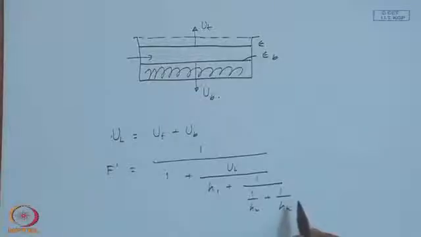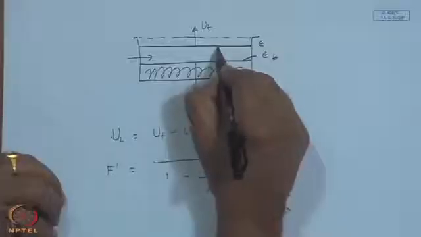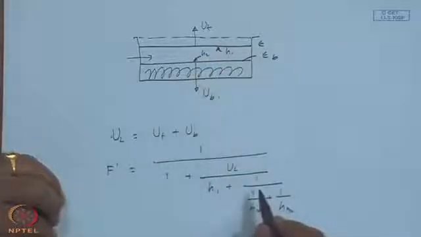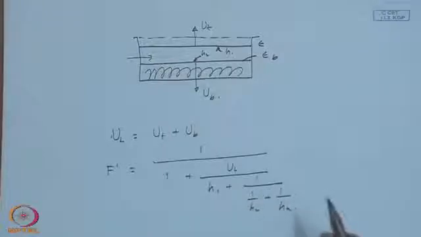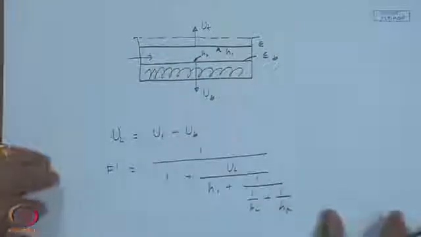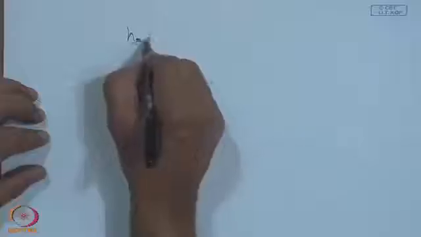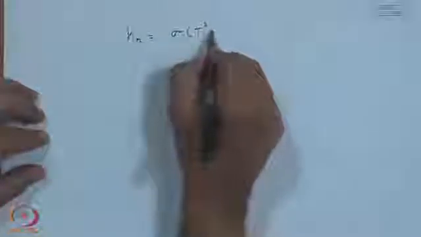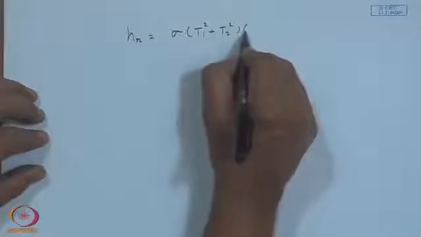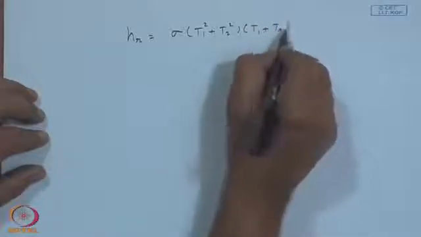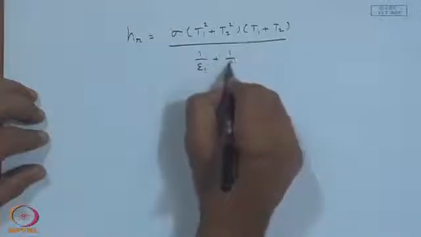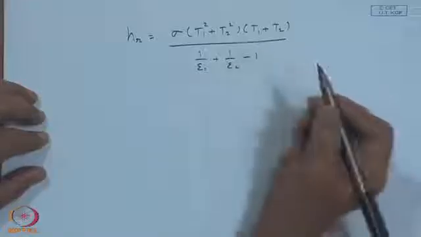You can see that this is H 1 at the top and this is H 2 at the bottom plate, and the effective radiative heat transfer coefficient H r is defined as sigma times T 1 squared plus T 2 squared times T 1 plus T 2, upon 1 upon epsilon 1 plus 1 upon epsilon 2 minus 1.